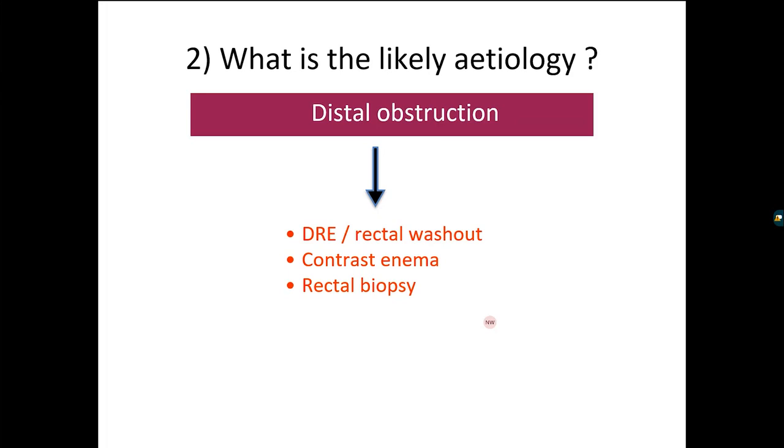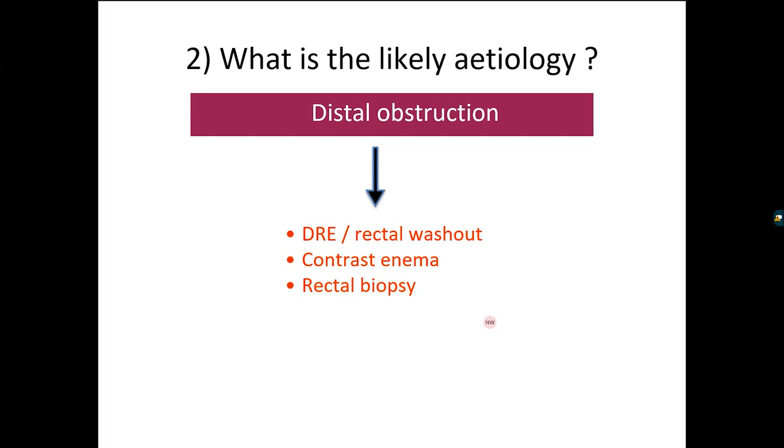On the other hand, if it's something like meconium plug syndrome, with your rectal examination, after a while, there might be a passage of a large pellet of thick meconium. After that, you might see that the baby decompresses very well and the features of intestinal obstruction disappear. So rectal examination can be both diagnostic as well as therapeutic in certain cases of distal obstruction.